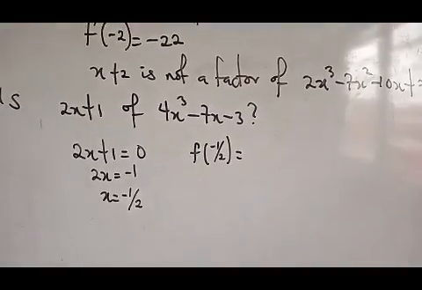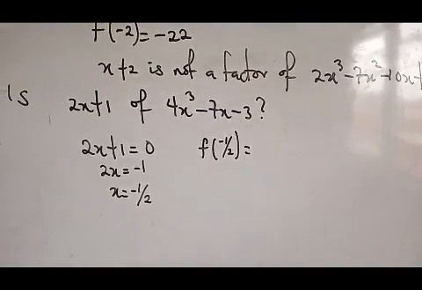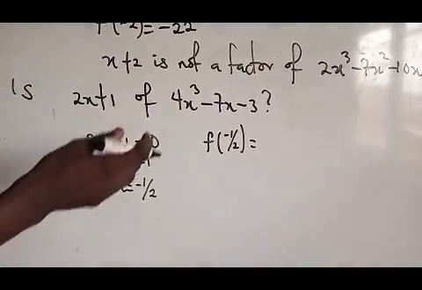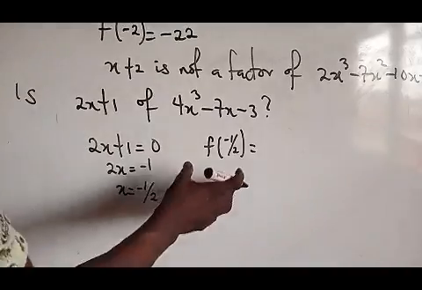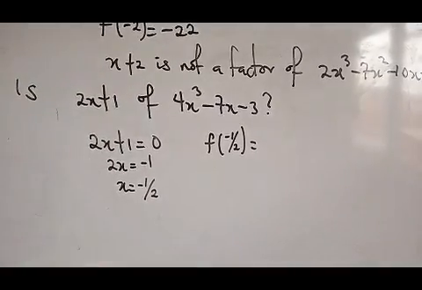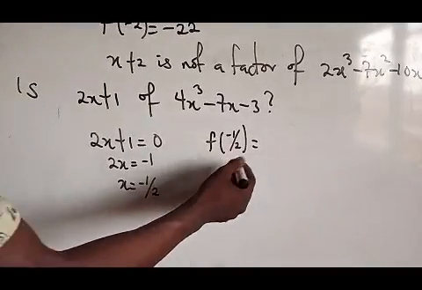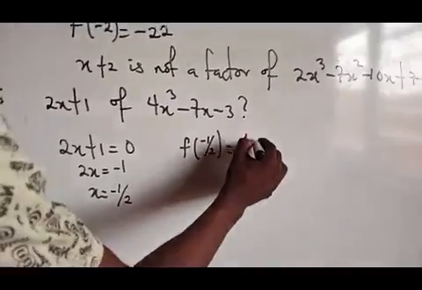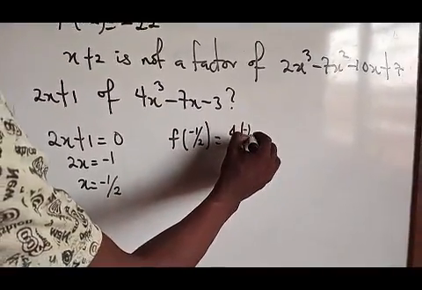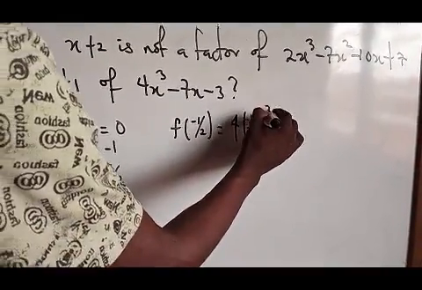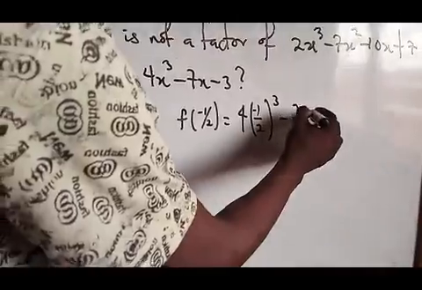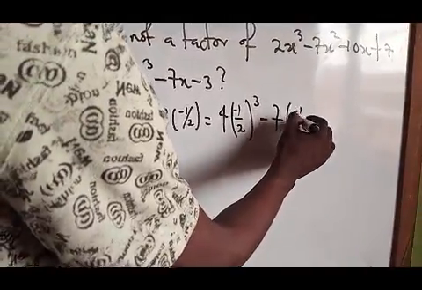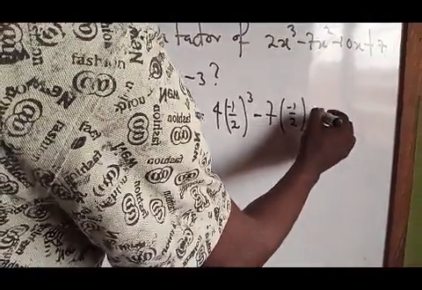If you can see my video on polynomial function, you can see the video also on remainder theorem on my channel, so you can check them out. So we have 4 open bracket minus 1 over 2 all cubed, minus 7 open bracket minus 1 over 2, minus 3.